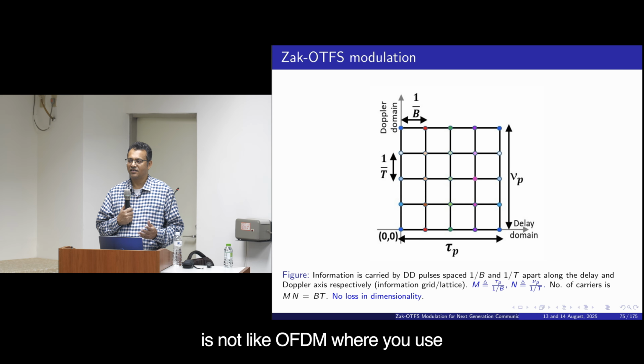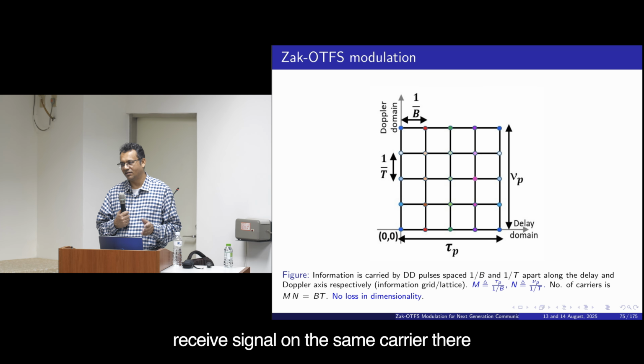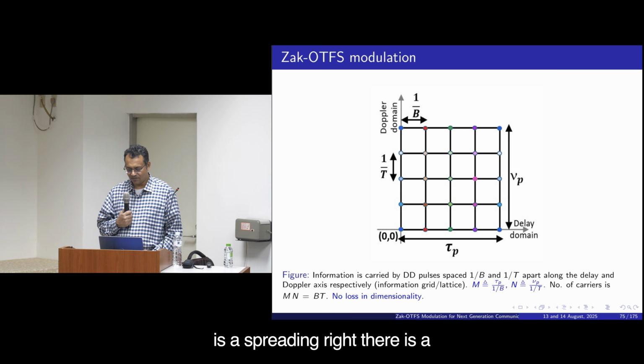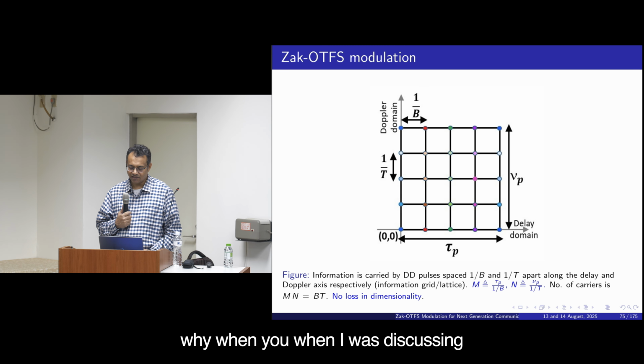So, it is not like OFDM where you transmit signal on a carrier and you receive signal on the same carrier. There is a spreading, right? There is a delay-Doppler spreading, right? And that is why when I was discussing equalization, you have to equalize all of them together.